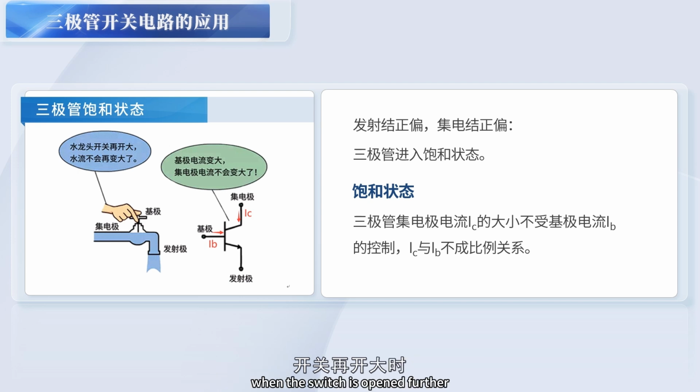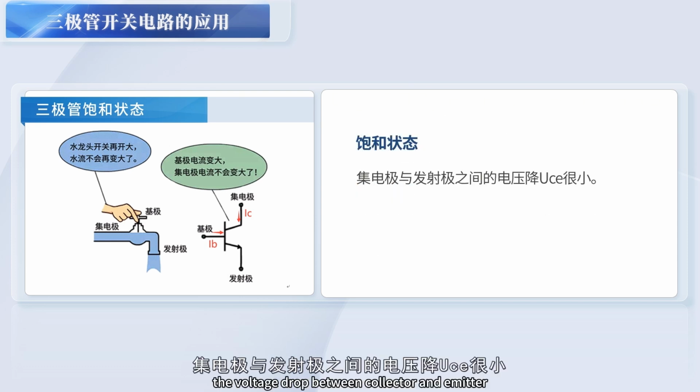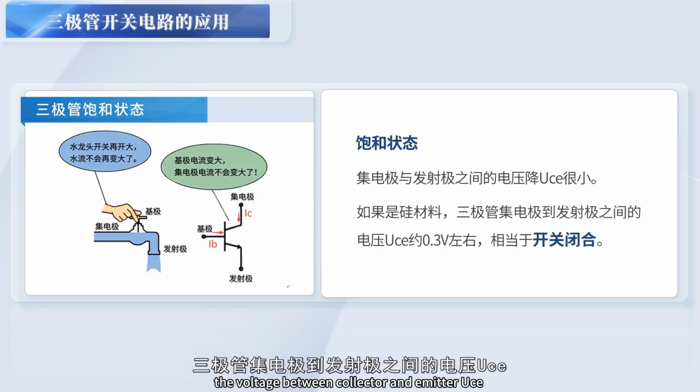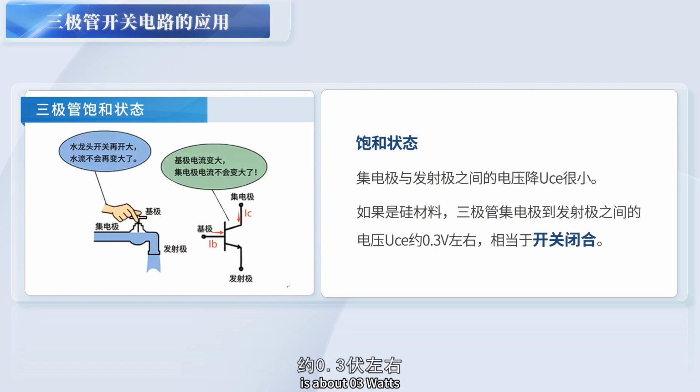When the switch is opened further, the water flow will not increase anymore. In the saturation state, the voltage drop between collector and emitter UCE is small. If it is a silicon triode, the voltage between collector and emitter is about 0.1 volts, which is equivalent to the switch being closed.